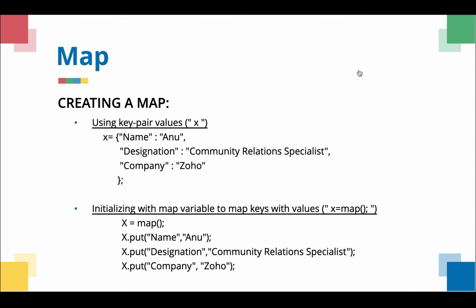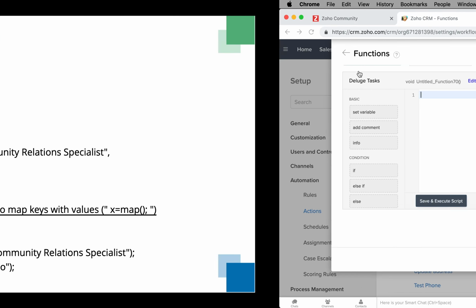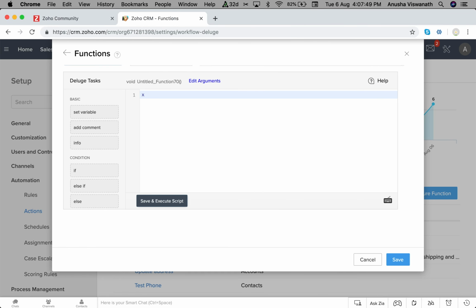Using the key value pairs, it looks something like this. So we initialize a variable x, and within the braces we say the name maps to Anu, comma, her designation is relationship manager.